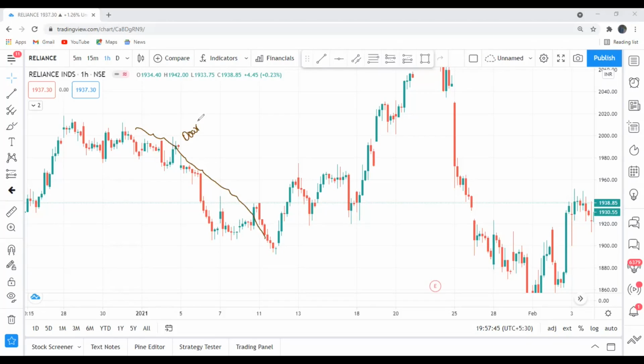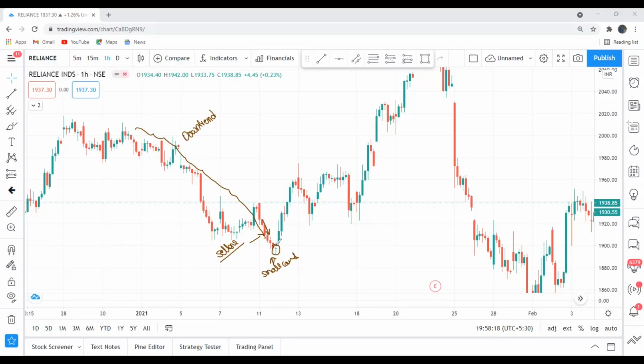Downtrend means the price of the stock is going down. In the strong downtrend, afterwards the bears, or sellers, both are okay, are slowly losing their momentum, and here small candles came.